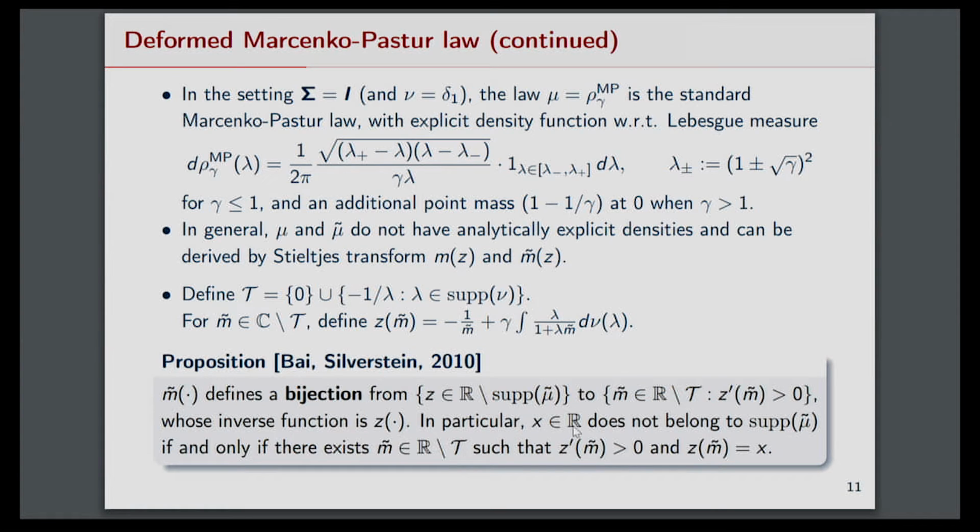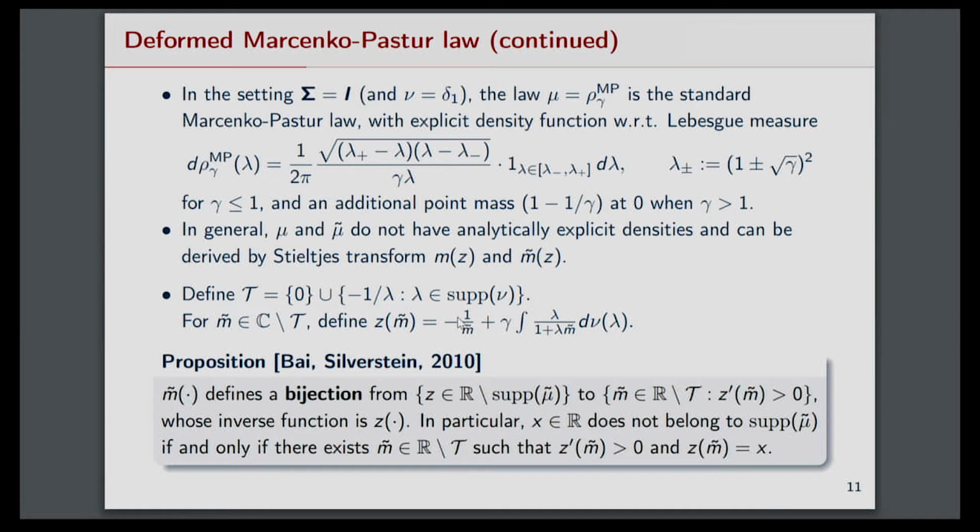I will explain that from the figure later. But essentially, this shows that if x is on the real line and is outside the support of mu tilde, then the derivative of this transform should be positive, and z is the inverse function of m tilde.